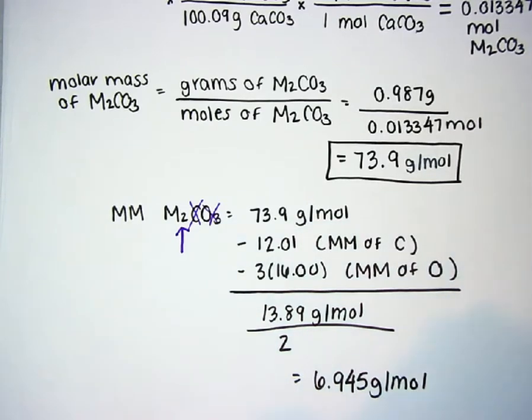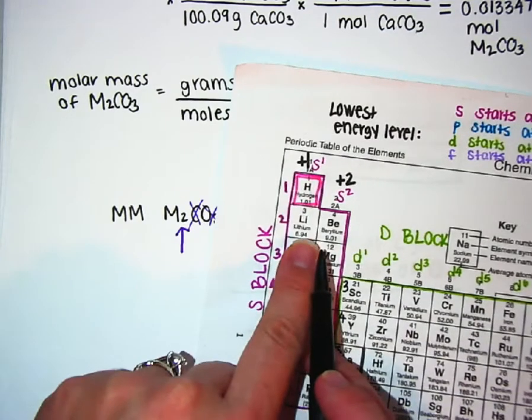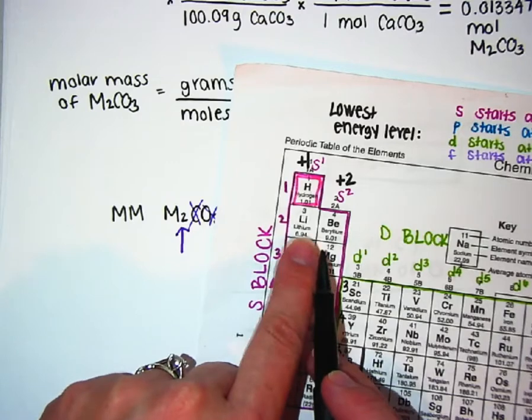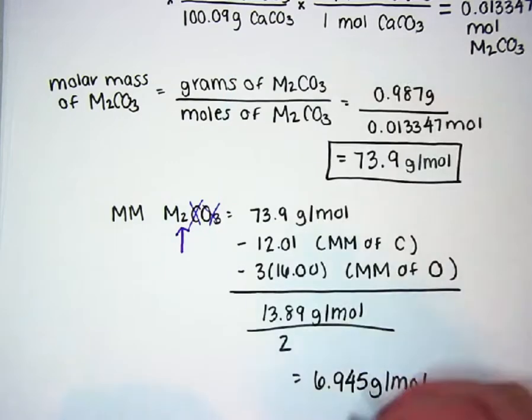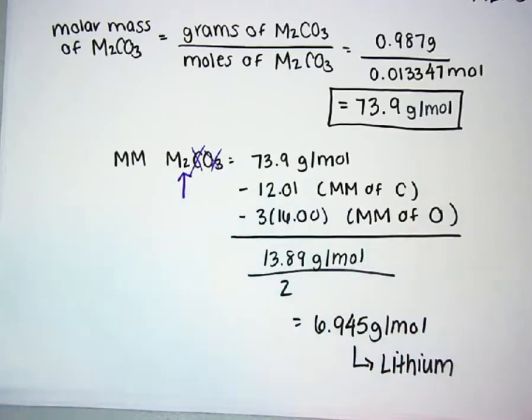So now if we want to identify that group 1 metal, 6.94 is very, very close to lithium. So if we wanted to identify the unknown metal carbonate, this one is most likely lithium carbonate.